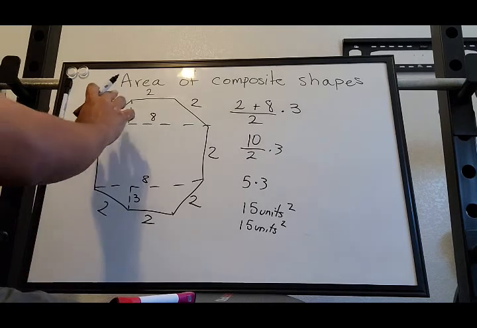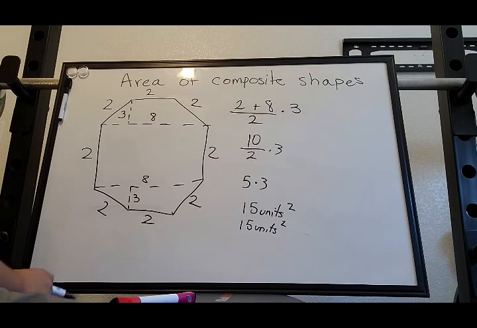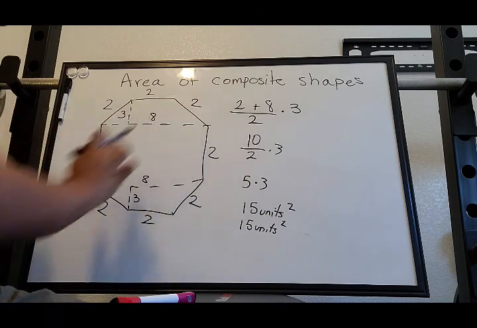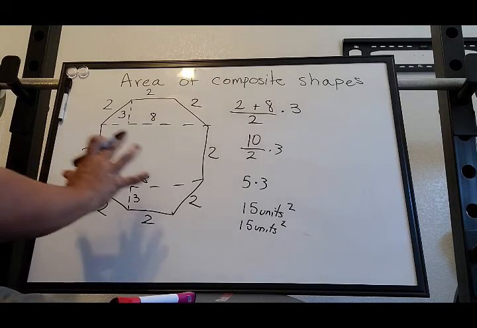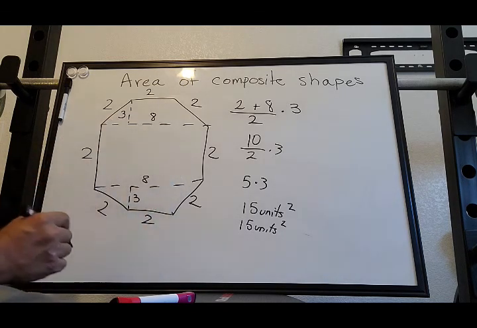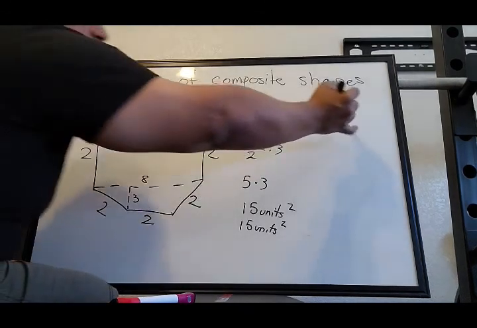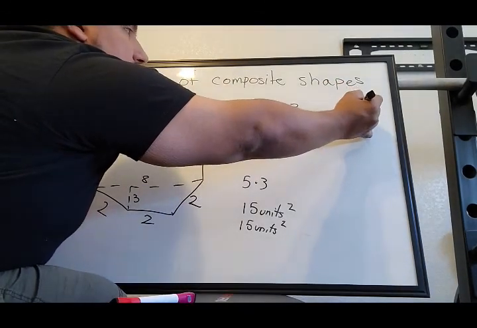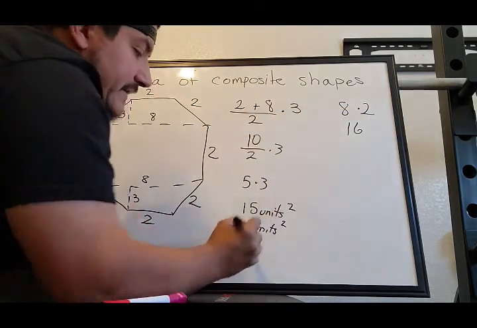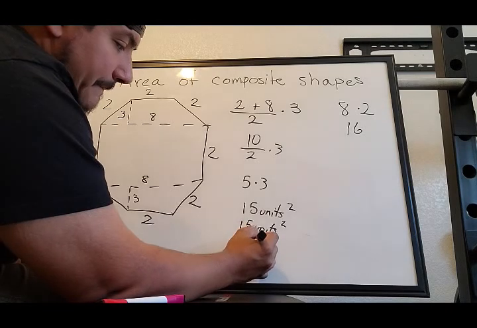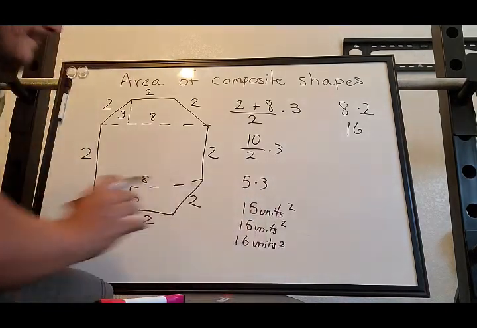We just said that all the sides were equal to 2, and we're going to use the base of the trapezoid as the base of our rectangle. Again, simple base times height. 8 times 2 equals 16. So our answer is 16 units squared.